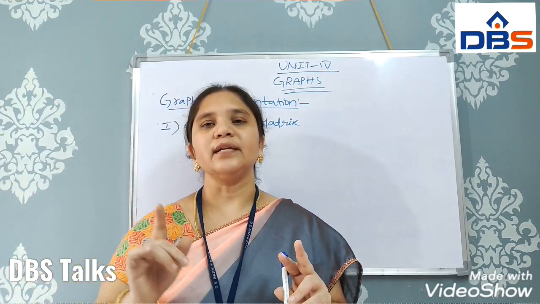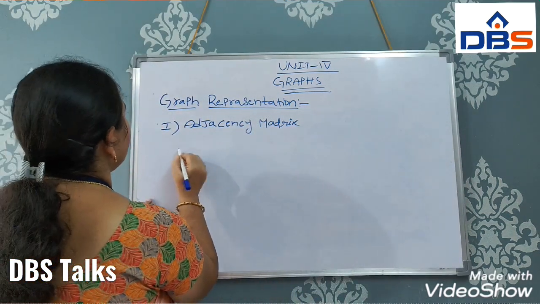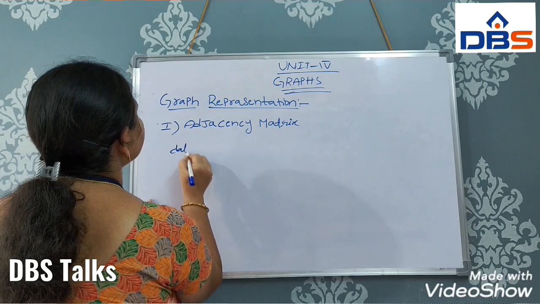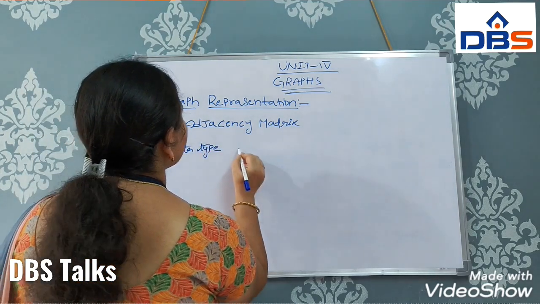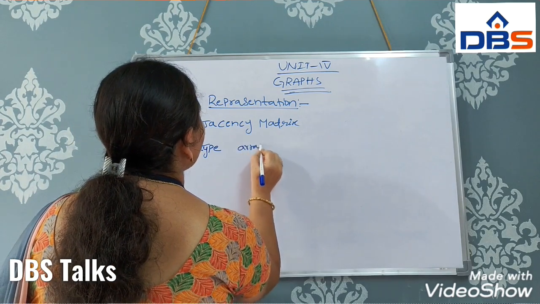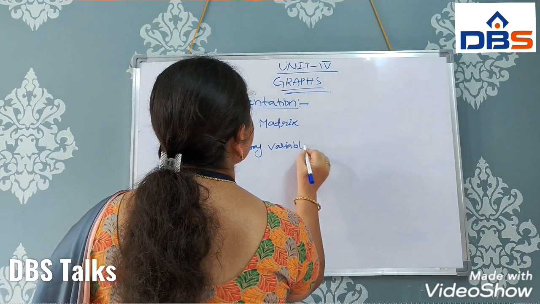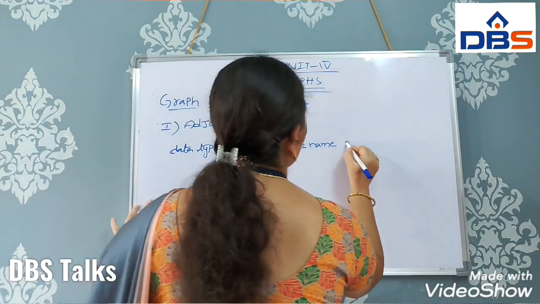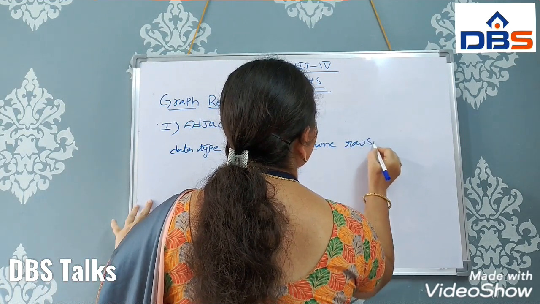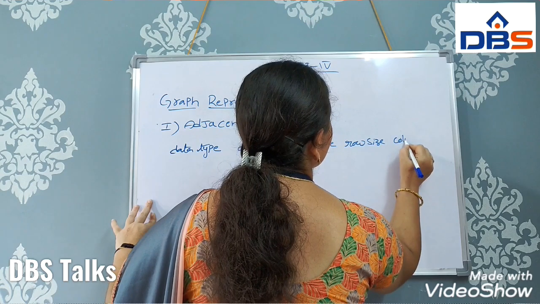So what is the syntax of an array? Data type, array variable name, row size and column size.